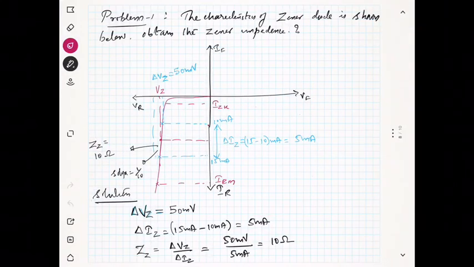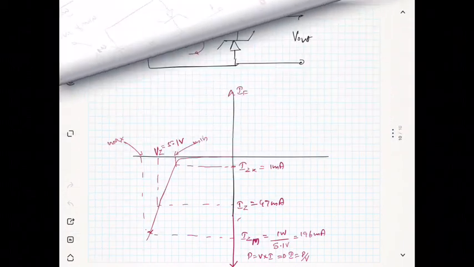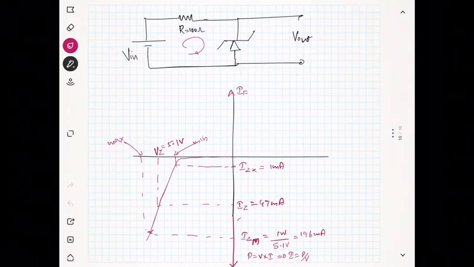You can find the minimum voltage which will appear across the Zener diode as Vz minus (Iz minus Izk) into Zz.